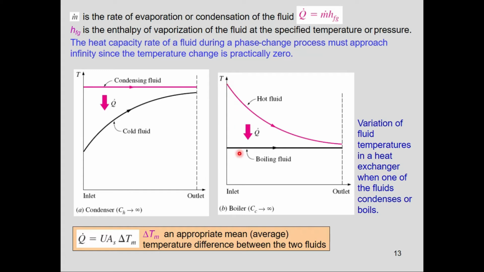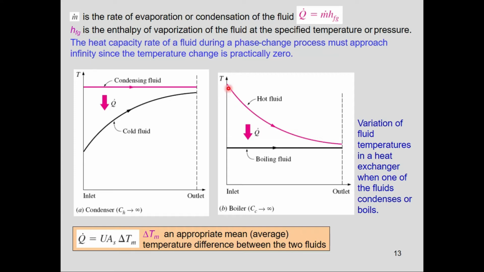This is our primary fluid that we want to boil, which is entering the heat exchanger at this point. So what is going to happen for the boiling of this fluid? We need some heat, and the heat is being provided by the hot fluid. When the heat is taken from the hot fluid, obviously the temperature of the hot fluid along the length of the heat exchanger will decrease.